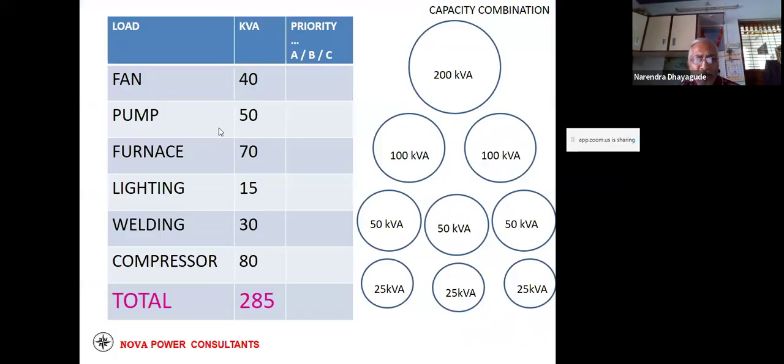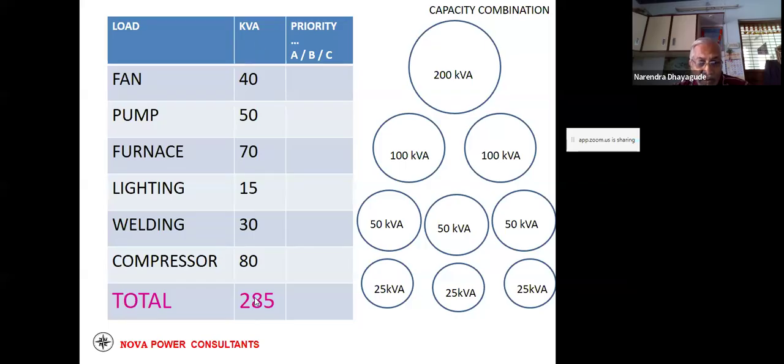Say, we'll take a small example. Say, in our office, there are some fans, a pump, lighting, a building, a compressor, etc. And suppose the kVAs are 40, 50, etc. So totally it is 285 kVA load in our factory.